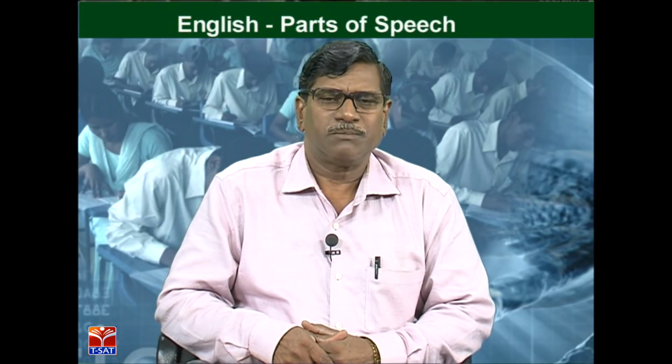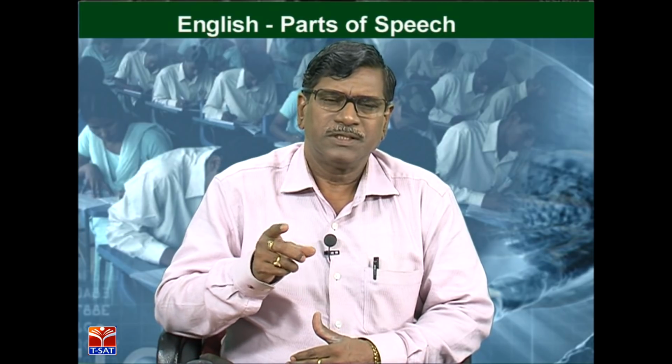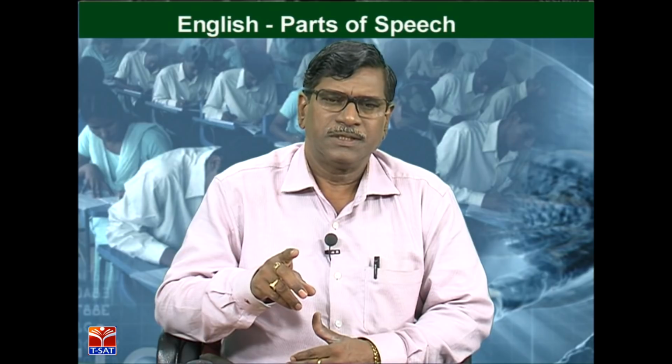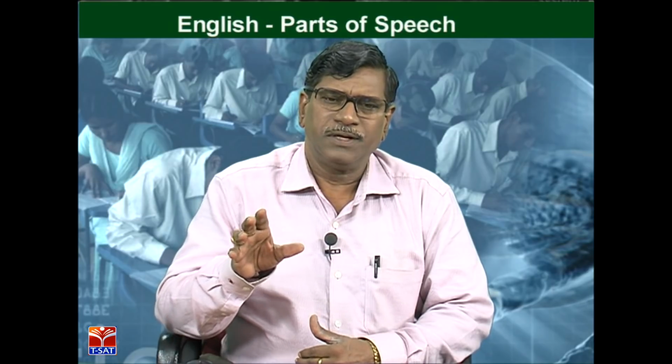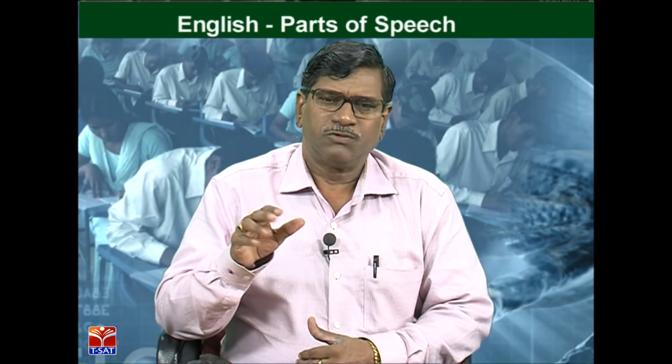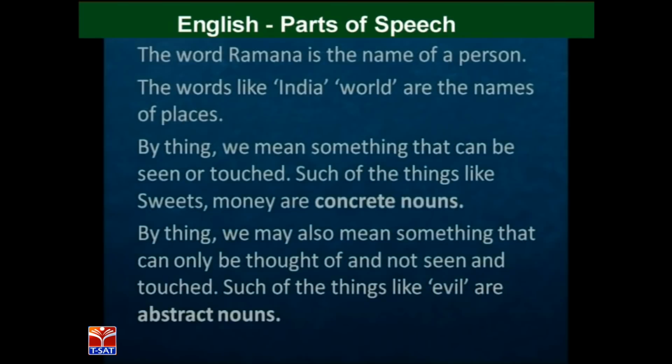So, nouns are mainly divided into two varieties, one concrete nouns, two abstract nouns. Concrete nouns are the nouns which we can feel, which we can see and touch. Abstract nouns we can't touch or see, we can just think about them.